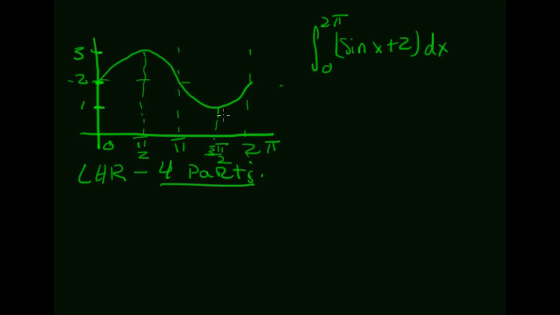Now, if I'm doing a left-hand Riemann sum, I'm going to build rectangles based on the functional value at the left side of each of these partitions. The left side of this partition is here at 0. The functional value is there, and I'm going to use this rectangle.